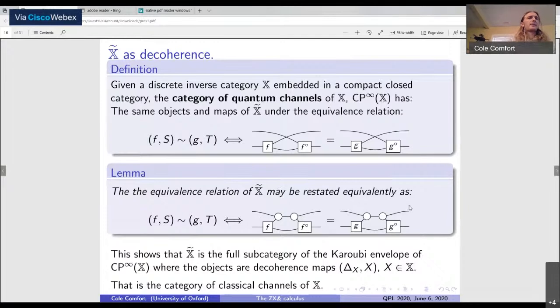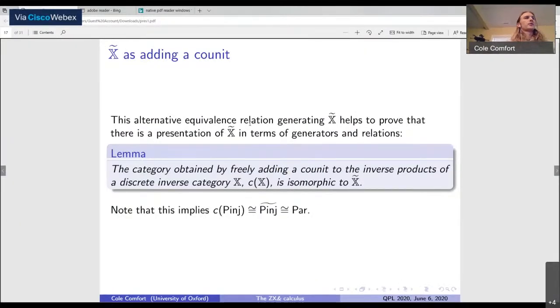And actually, if you look at this a bit carefully, this is precisely the full subcategory of the Karoubi envelope of the CP-star or CP-infinity construction, where the objects are given by the decoherence maps. So this is the appropriate notion of the category of classical channels of X, whereas on top this is the quantum channels. That's pretty cool, and I use this to prove another result, namely that the Cartesian completion of X can be presented in terms of generators and relations instead of having this nasty equivalence relation hanging around.